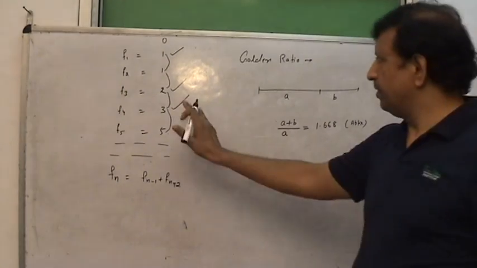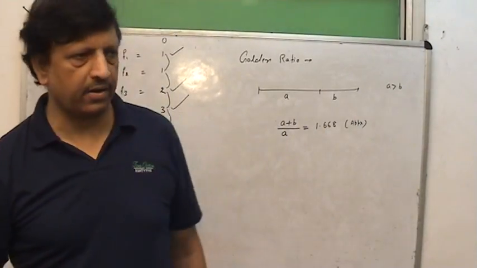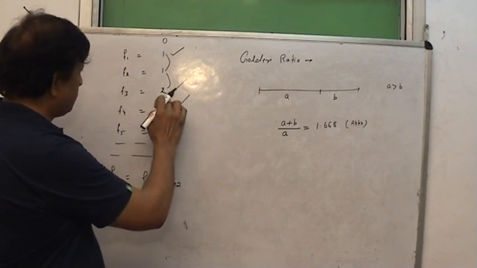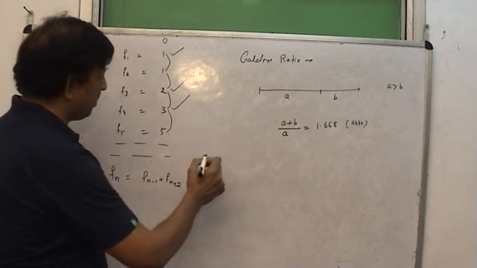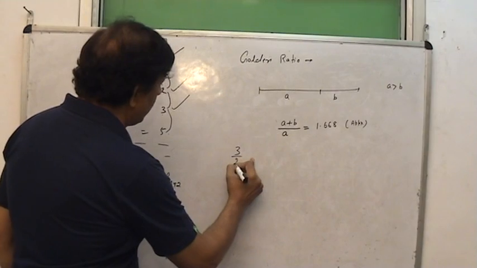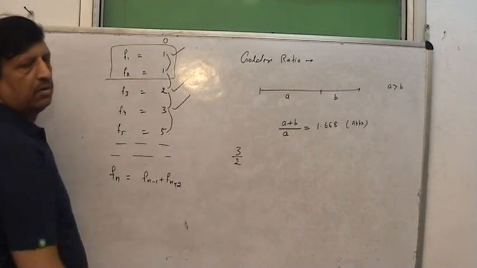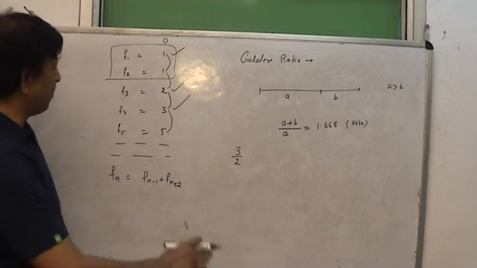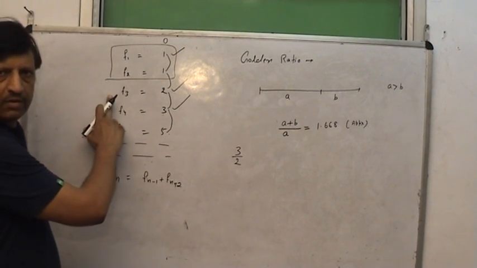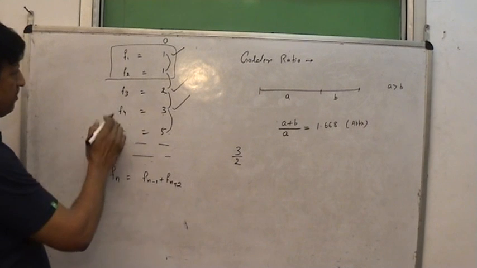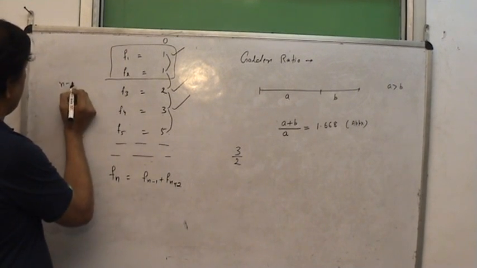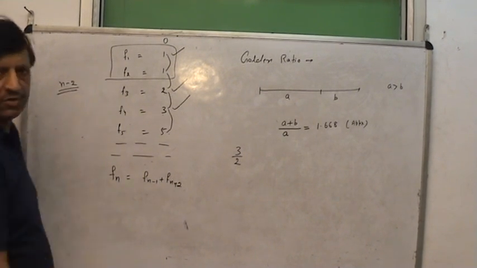Now, we see how these numbers are related to this. Let us take the number, say 3 by 2. Why have we not taken the first two numbers? Because the reproduction starts at the end of 3 months. It means our sequence or recurrence always starts with n-2 months.